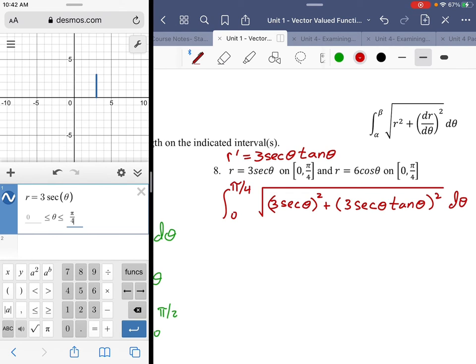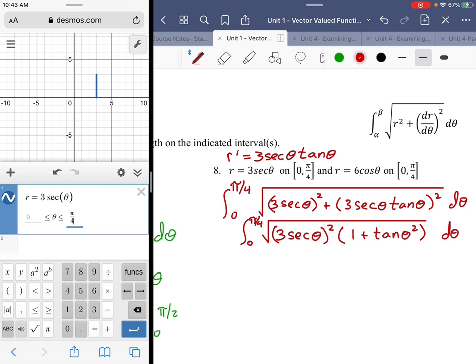So we have a common factor that can be pulled out. Now, this is assuming you want to do this by hand. So I'm just operating under that assumption. So we have a common 3 secant theta squared that could be pulled out. So 3 secant theta squared times 1 plus tangent theta squared, under the radical with a d theta with our bounds.